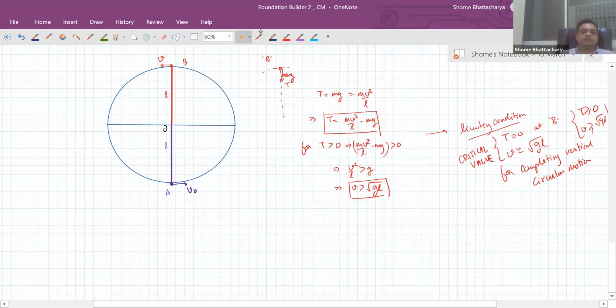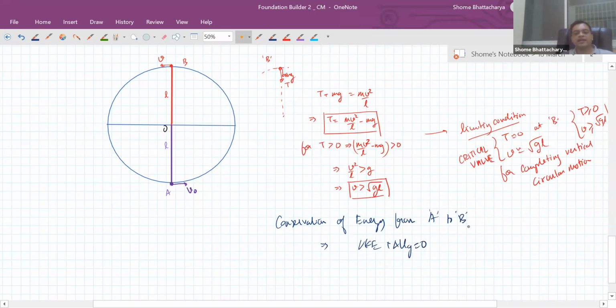Okay. Now, if we apply work energy or conservation of energy from A to B, you can see that we get the critical condition on v naught.